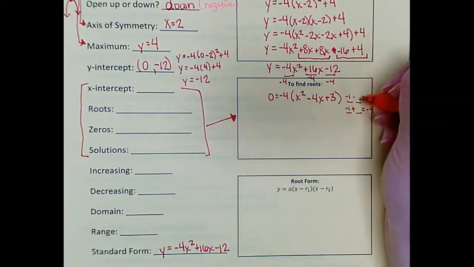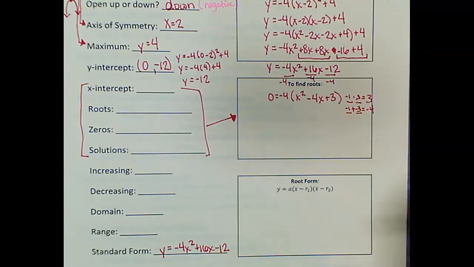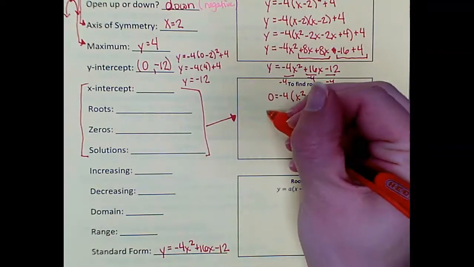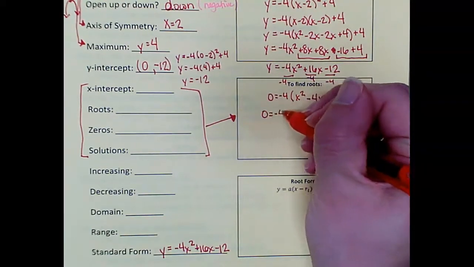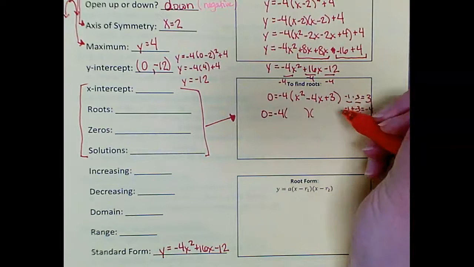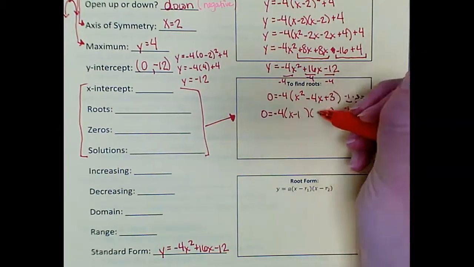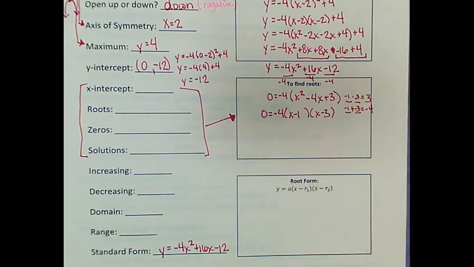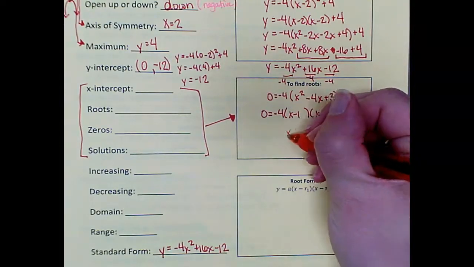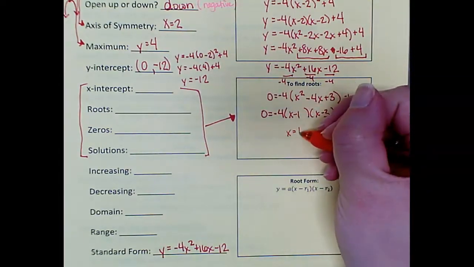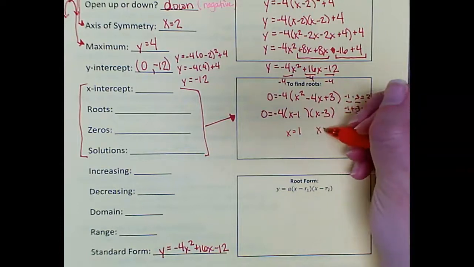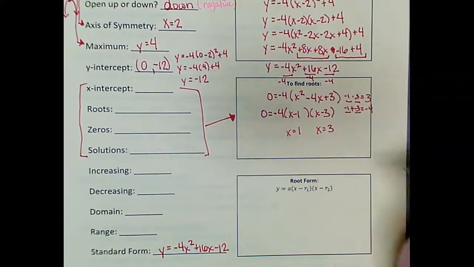Maybe negative 1 and negative 3. So my factors are x minus 1 and x minus 3. And remember that your roots are the opposite of your factors because everything in parentheses is a lie. So I have x equals not negative 1 but positive 1, and x equals not negative 3 but positive 3.